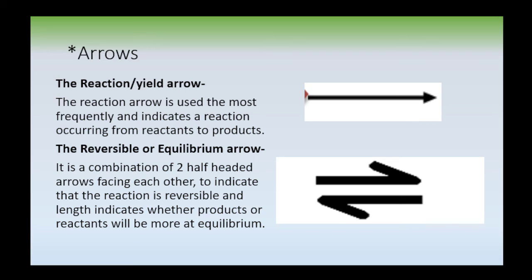This indicates that the reaction is reversible and that the length indicates whether products or reactants will be more at equilibrium. For the most part, I think you guys will mostly see similar lengths or the same lengths on both sides. But sometimes the top arrow may be shorter than the bottom, or the bottom may be shorter than the top.